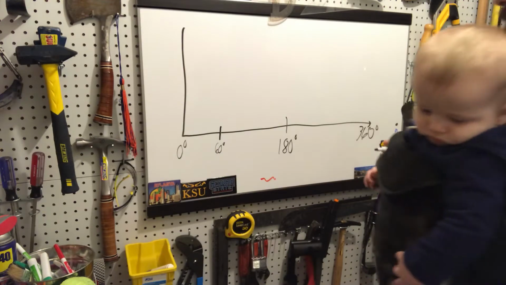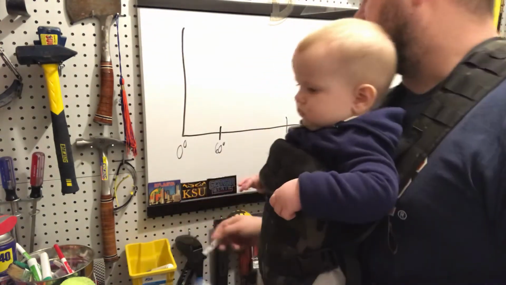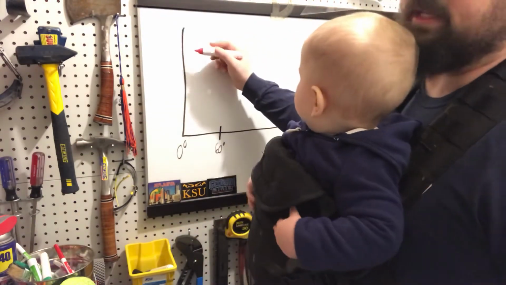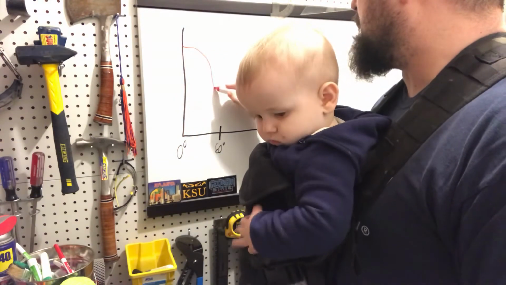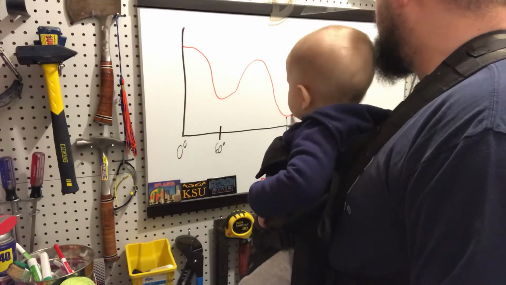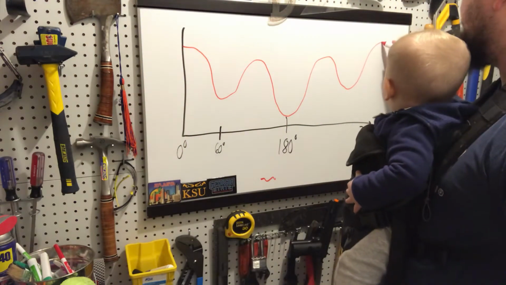At 360 degrees, you made a full rotation. So you get something that looks kind of like this. It goes from here, goes up, drops down here, goes up, drops a little bit, and comes back up here.